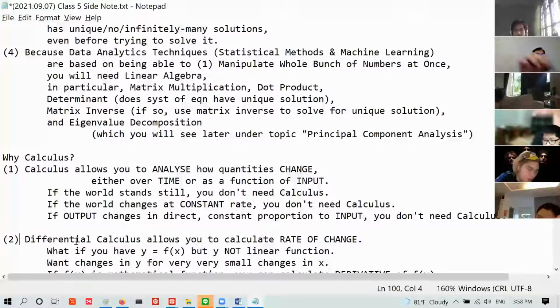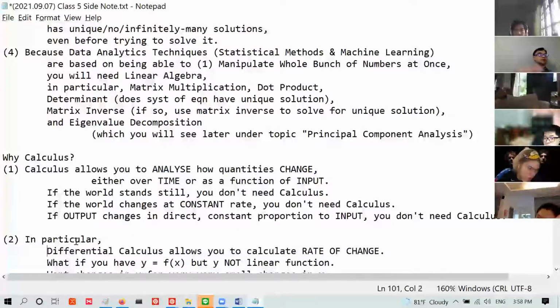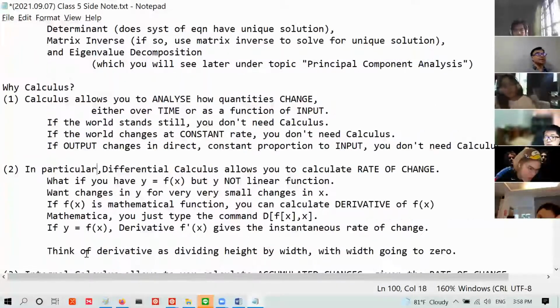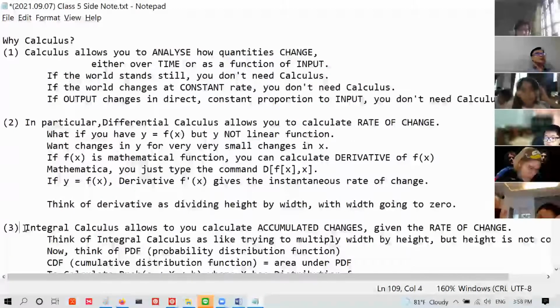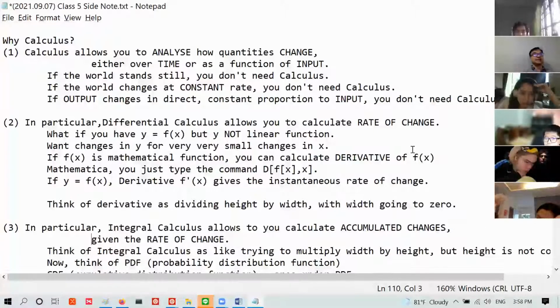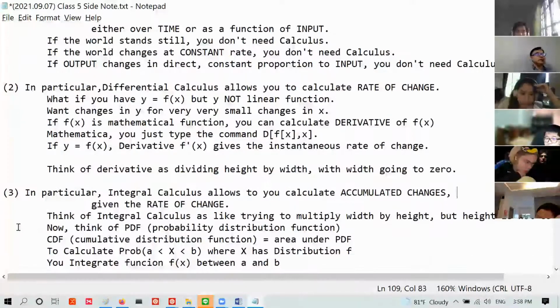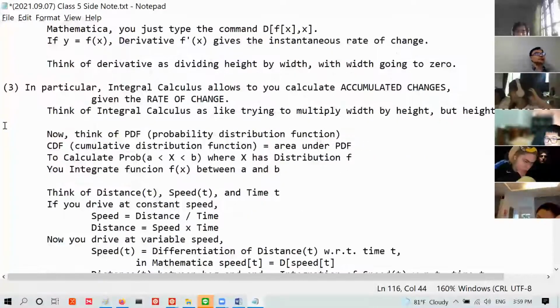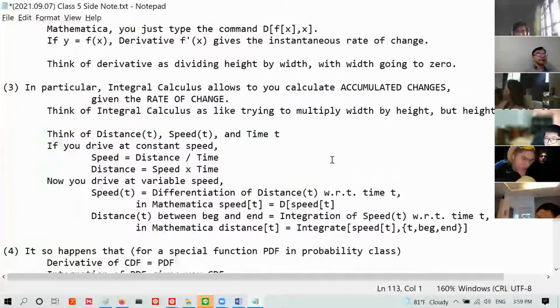Differential calculus in particular allows you to calculate rate of change. In particular, integral allows you to calculate cumulative change. Think of that.